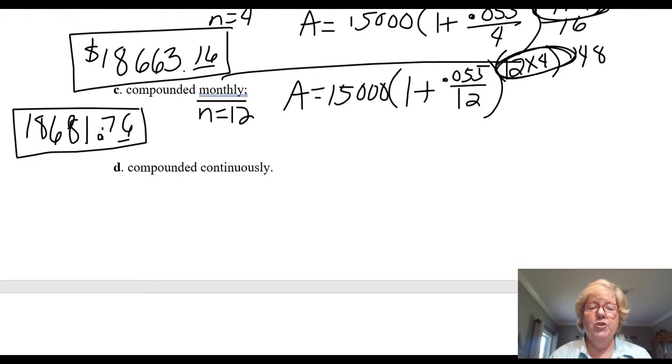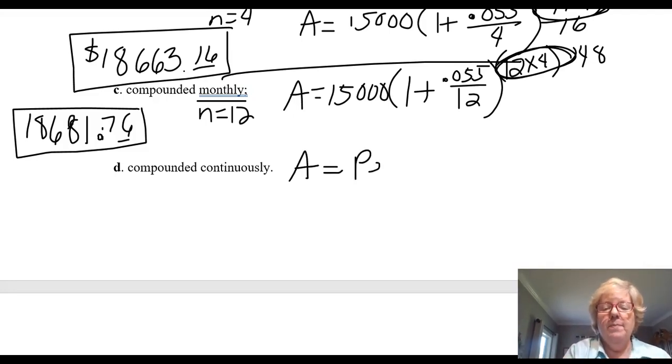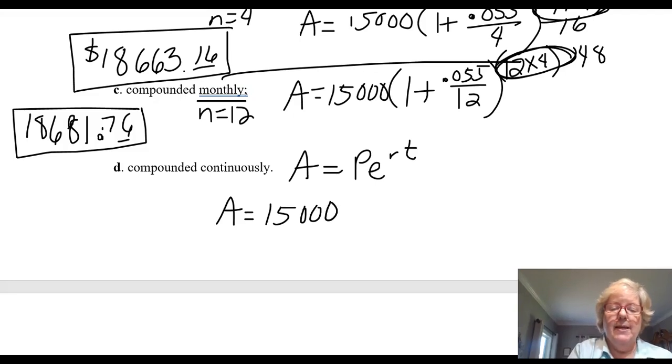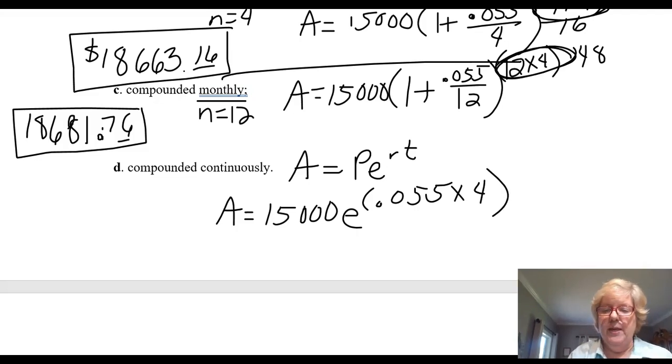Now, let's do one more part. Let's compound it continuously. Use the other formula for compounding continuously. So I will have A equals 15,000 times the E. Now the exponent this time is decimal 0.055 times the 4 years. Notice you don't have the letter N in this formula. So I'll type that in my calculator, 15,000.